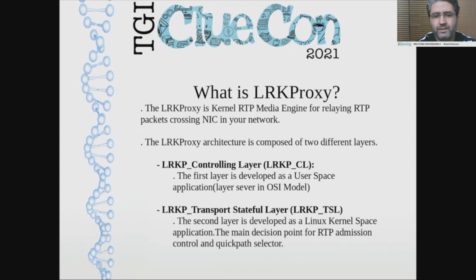The first is the LRK Proxy control layer, or CL, developed as a user space application at the application layer of the OSI model, and the second is developed as a Linux kernel module in kernel space.